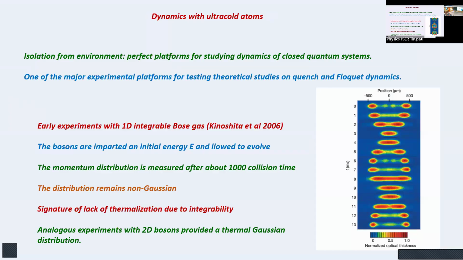So I'm going to take just one more slide, and this is about dynamics with these ultracold atoms. These ultracold atoms are very isolated systems, and therefore whether or not they thermalize, as in the prediction of ergodic statistical mechanics, has been an issue.